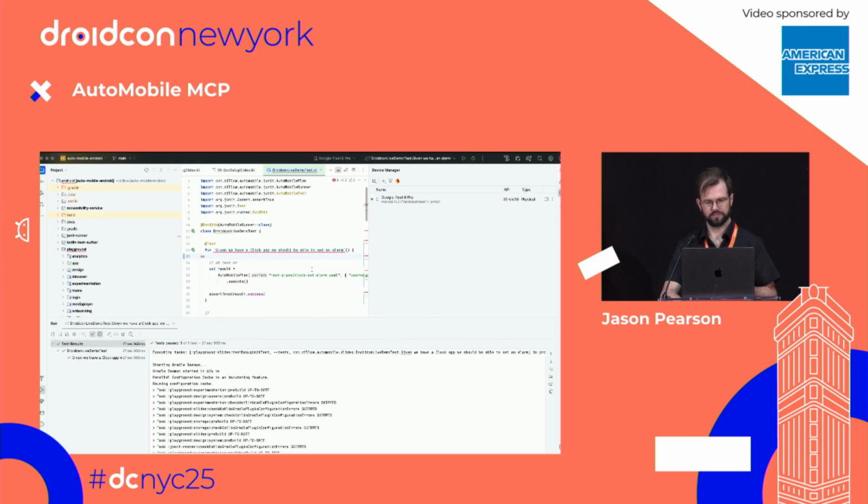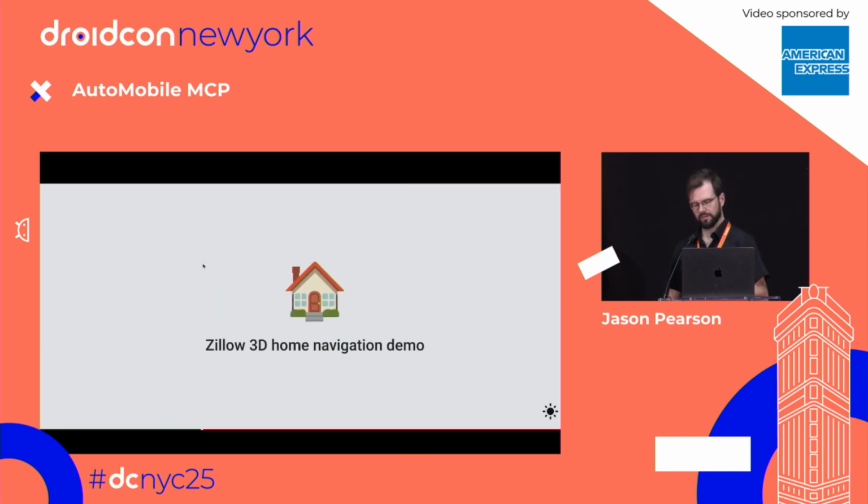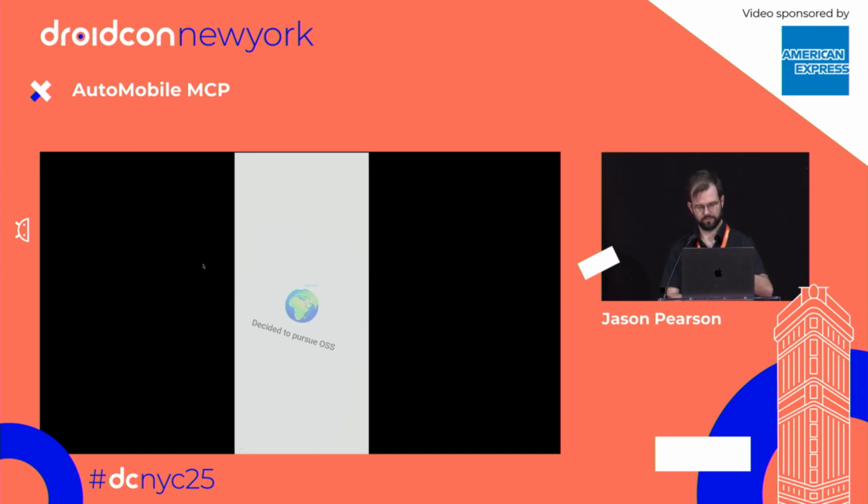So this is a demo of the 3D home navigation and tour booking demo, where we go through UI that is not typical at all. There aren't typical things to look for, like IDs and text.